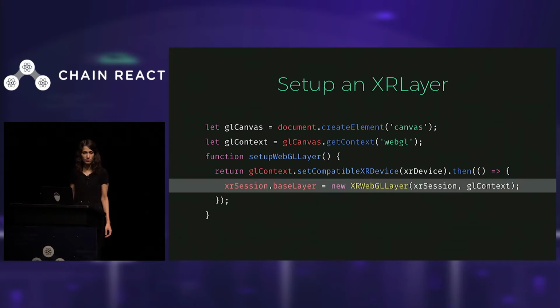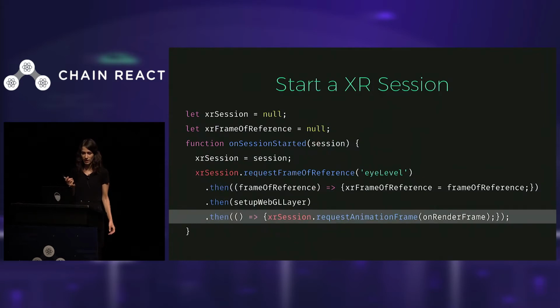It also returns a promise, and when it gets resolved, we can create a new XRWebGLLayer with the XRSession's baseLayer property and the new XRWebGLLayer method, which expects an XR session and the WebGL context. And then finally, we can start the render loop by using the XRSession's requestAnimationFrame method.